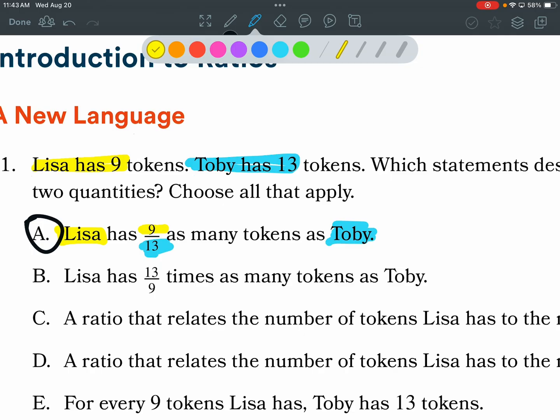All right, Lisa is what color for me? Yellow. So I'm going to do yellow, and she is the 9. Toby is the 13. What do you notice is different about B from A? Marley, what do you notice is different?